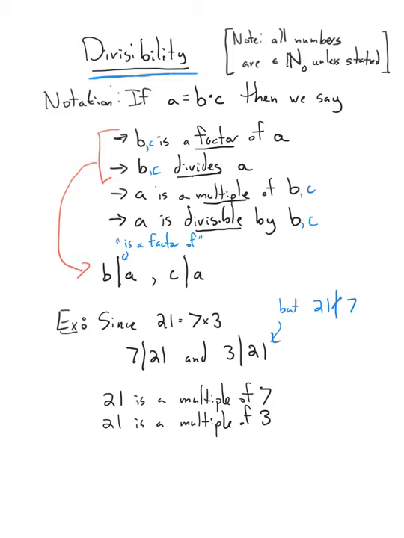In the example here, 21 is a multiple of 7. 7 times 3 is 21. 21 is a multiple of 3. 3 times 7 is 21. So that's how the language works. And we're going to really focus on this notation here. Remember, think of this straight vertical line as meaning "is a factor of."